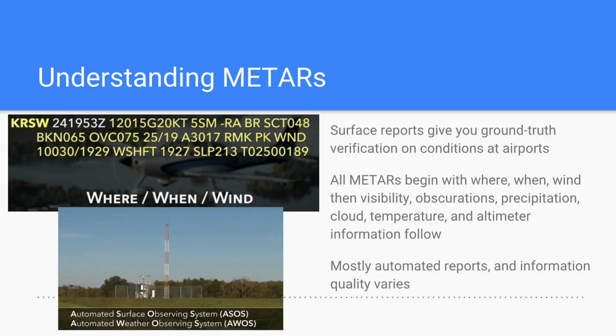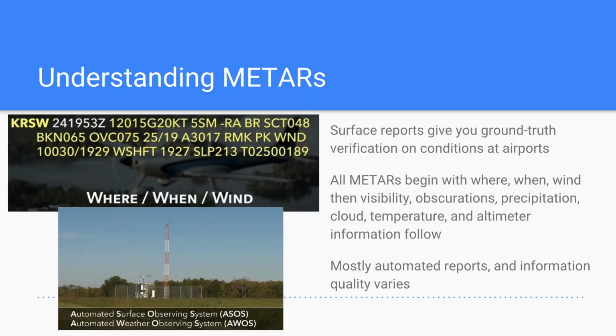METARs, simply put, are surface reports that give you ground truth verification on conditions at airports. And as we mentioned, where, when, and wind will always be there in the METAR. Usually visibility, obscurations, precipitation, cloud base information, temperatures, altimeter information will follow.